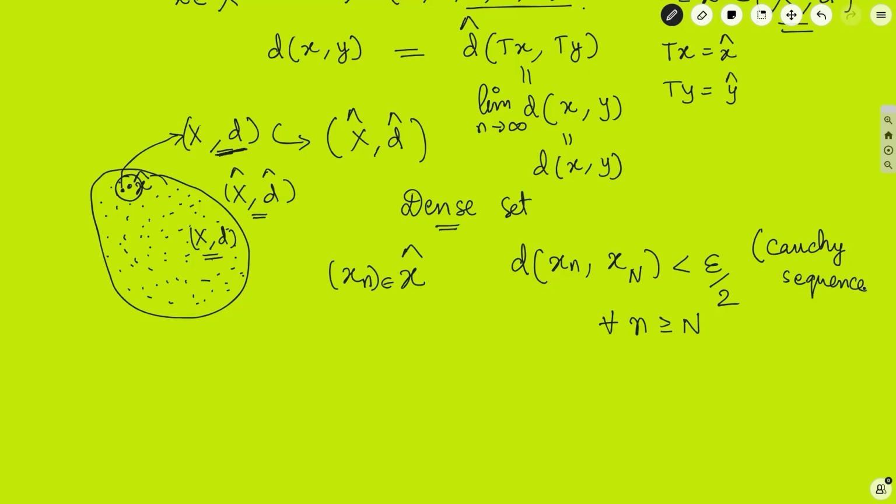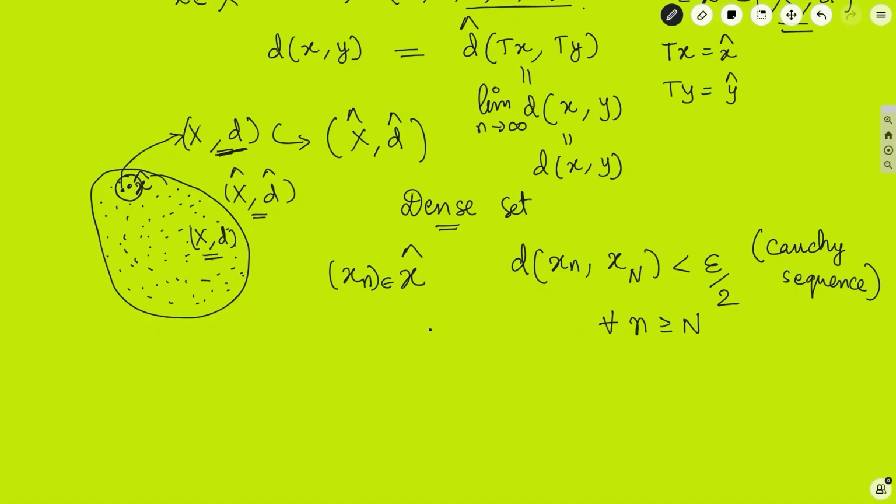For large n, you can definitely find an N such that the distance between x_n and the Nth term can be made less than epsilon by 2. It's by Cauchy sequence, so you can make it extremely small.